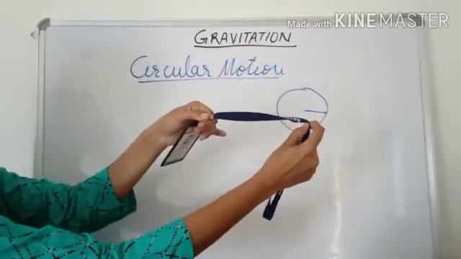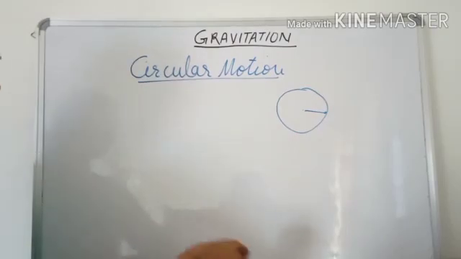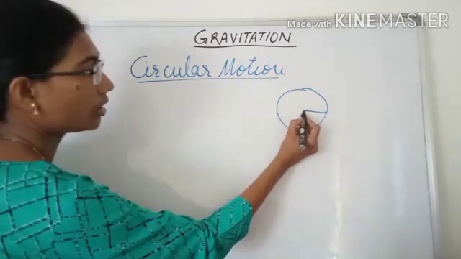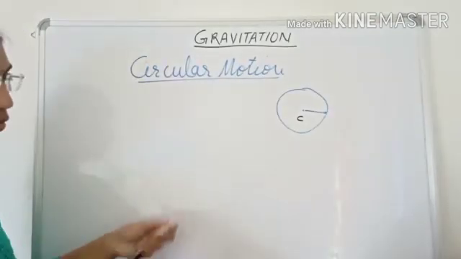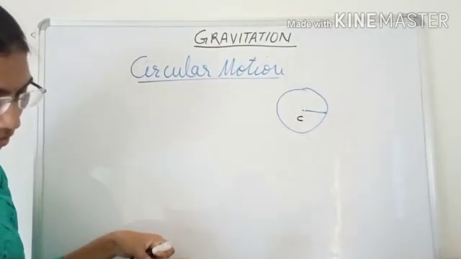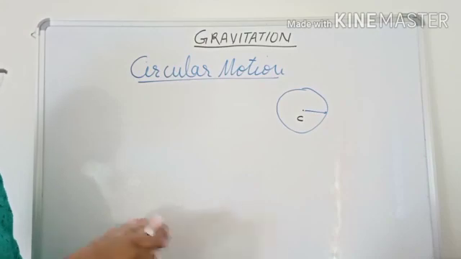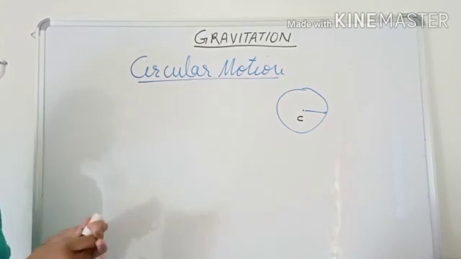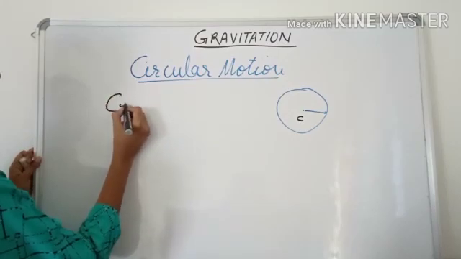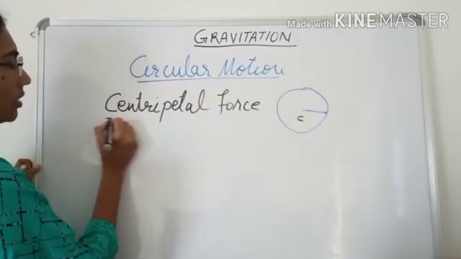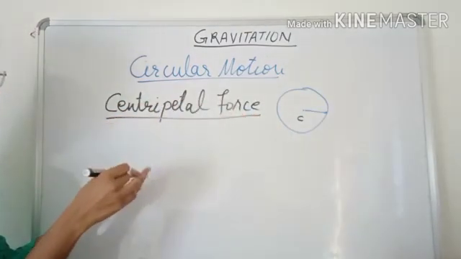Okay, and what is that point? That is actually the center. Now to move any object, what do we need? We need a force. So this force which is present is known as the centripetal force.